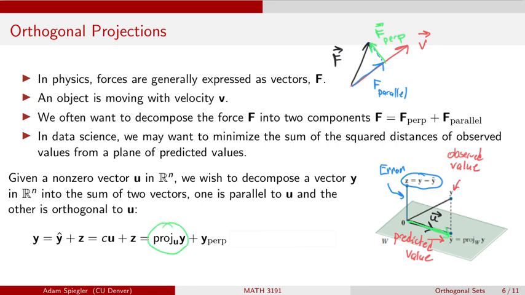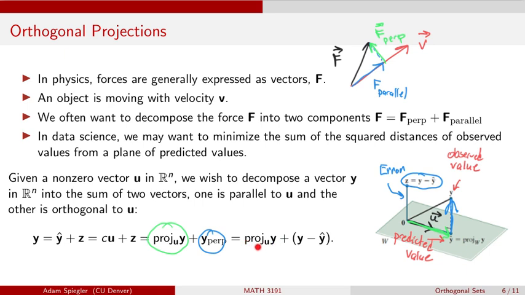And then we have this second vector over here, which is what we're calling y perpendicular, since that is perpendicular to the vector u. And so we can express y then as a sum of two vectors.